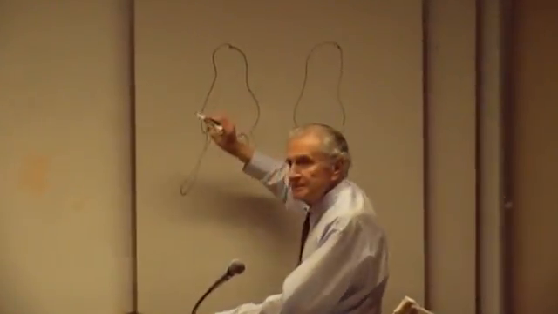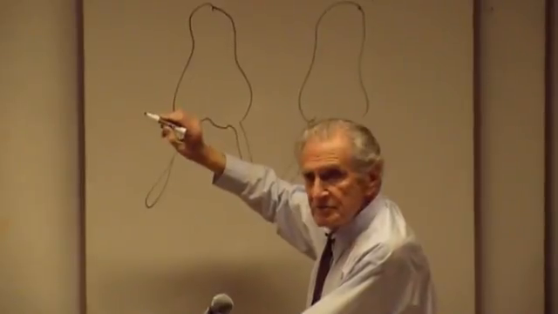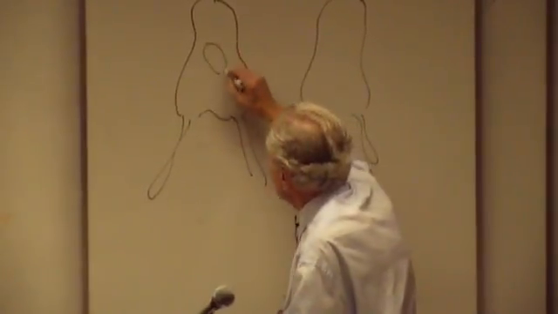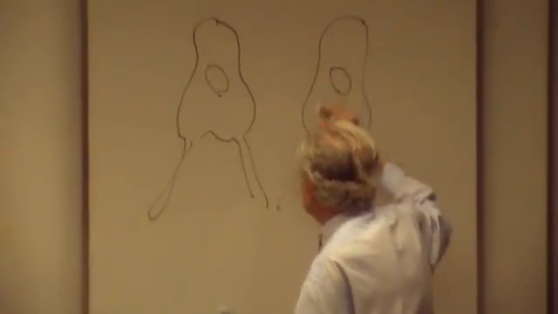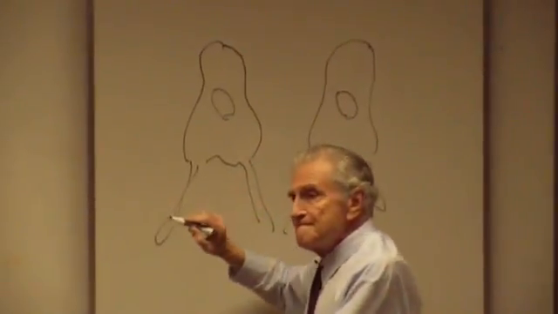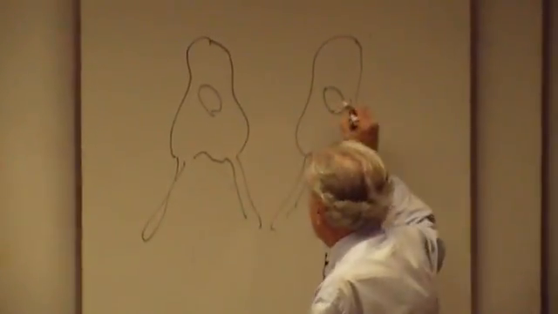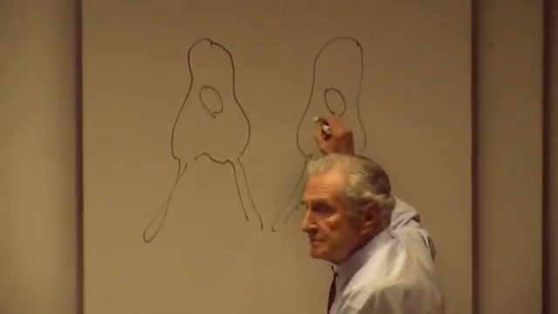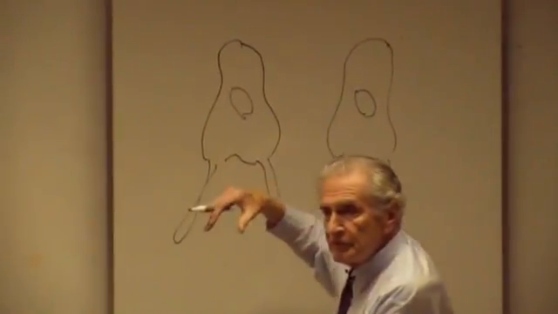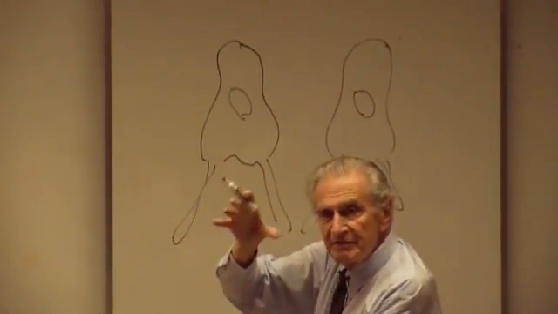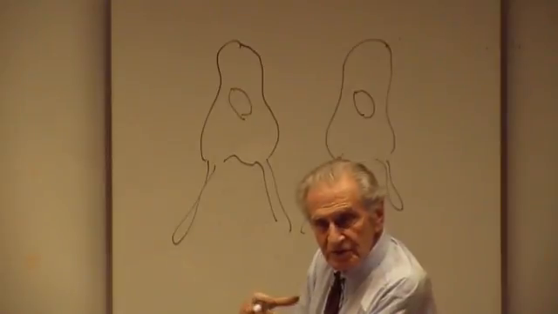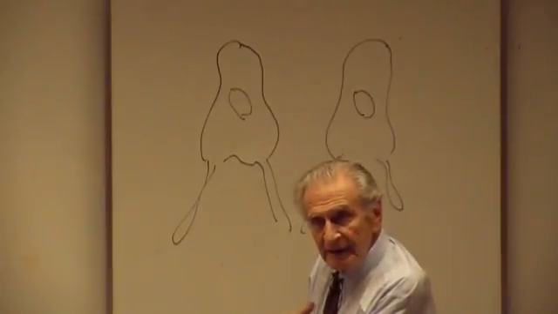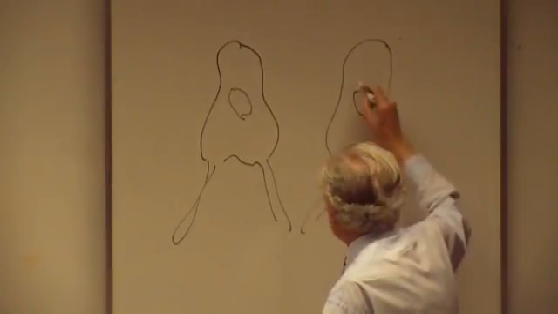He opened up the hearts of these two animals. Here's frog heart 1, here's frog heart 2. Frog heart 2, he cut all the nerve fibers, particularly the vagus fibers, which, as we know, act on the heart, slow the heart. He cut them all here.